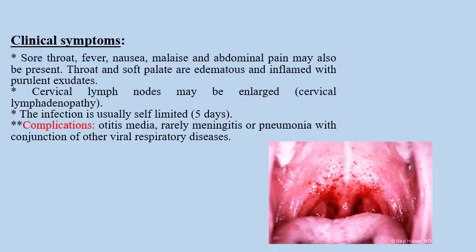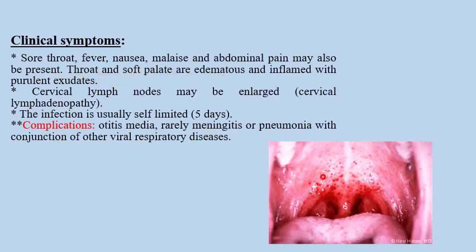Clinical symptoms: there is sore throat, of course, fever, nausea, malaise, meaning tiredness, and abdominal pain may also be present. The most important feature of strep throat is the throat itself. The throat and the soft palate are edematous, swollen and inflamed, with purulent exudates.